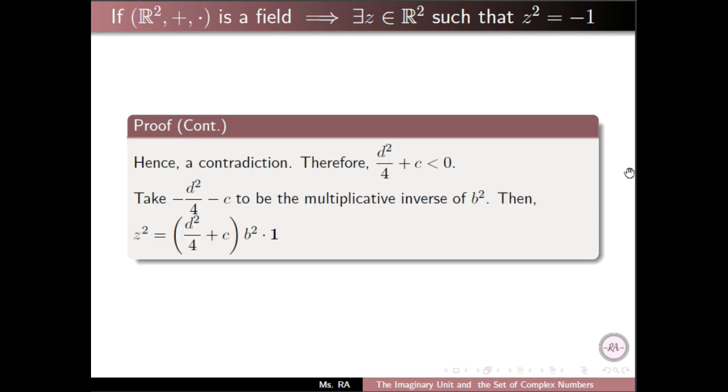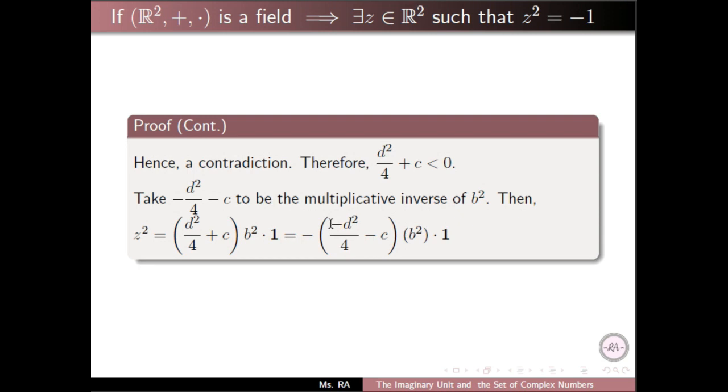Now, observe that our z squared is equal to d squared over 4 plus c, times b squared times this standard basis vector 1. And observe that rewriting this, just extracting out the negative 1, will give us minus negative d squared over 4 minus c.